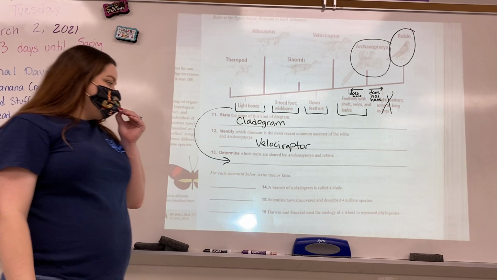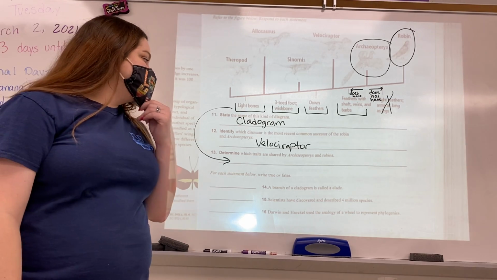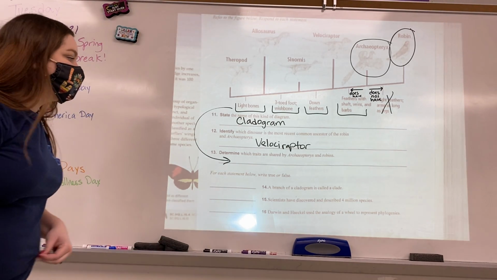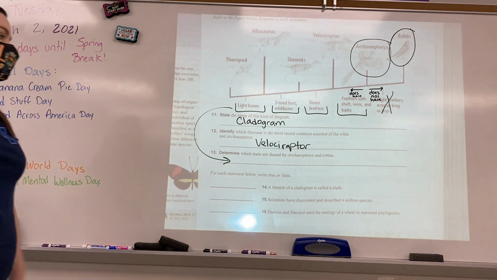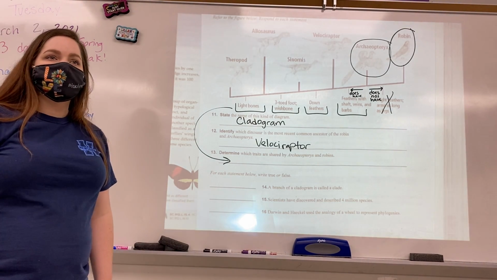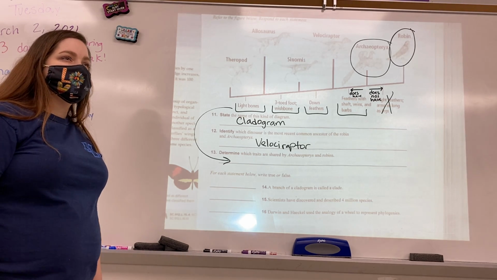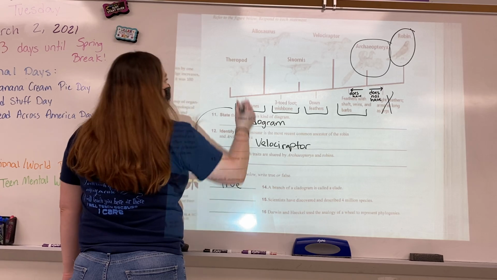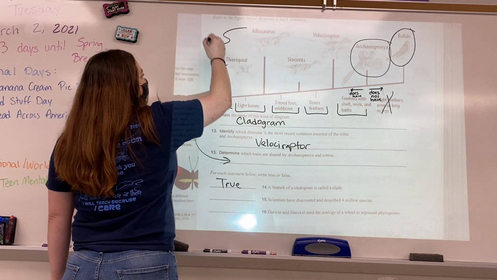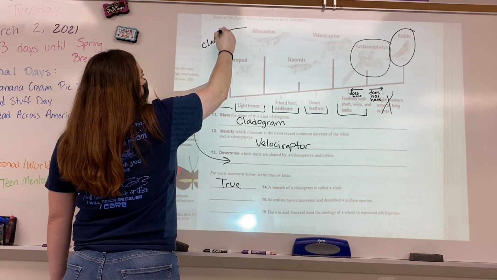All right, so number 14, 15, and 16. Number 14, a branch of a cladogram is called a clade. Is that true? So those you're answering true or false. It is true. So your groups up here are called your clades.